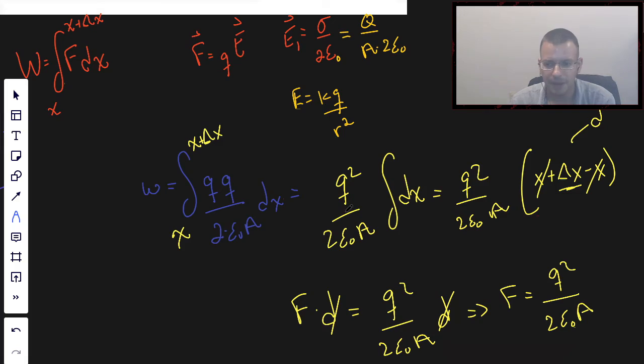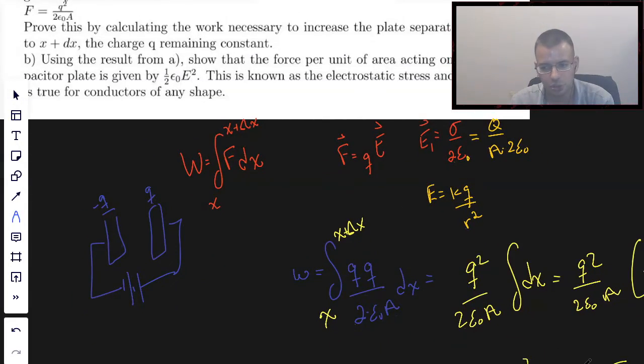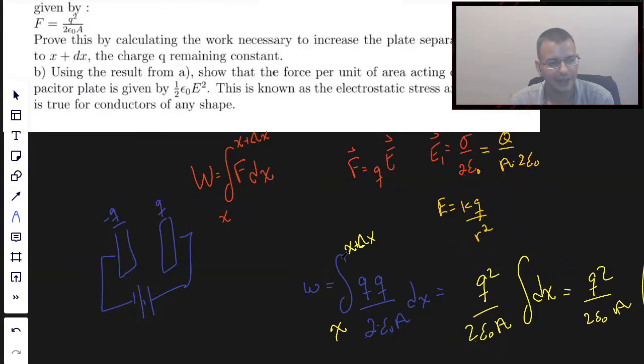So they might have had a different idea of how they wanted us to prove that, but we got the answer, Q squared over 2 epsilon naught times A.